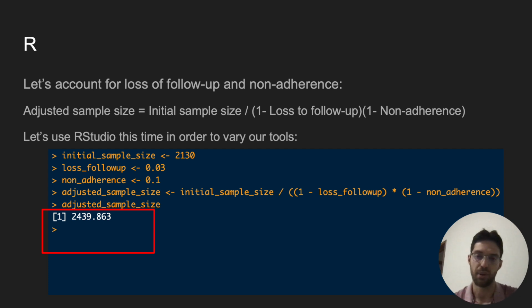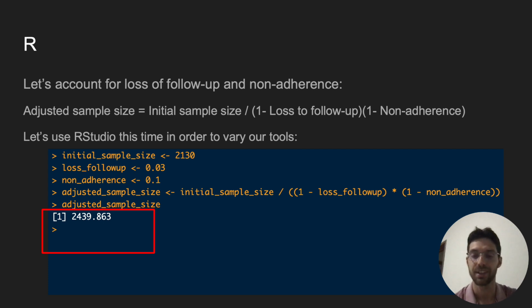You could do that separately, which is the same thing. And we printed the result, displaying an adjusted sample size of 2,439.86, which is approximately 2,440 patients, considering the loss of follow-up and non-adherence.